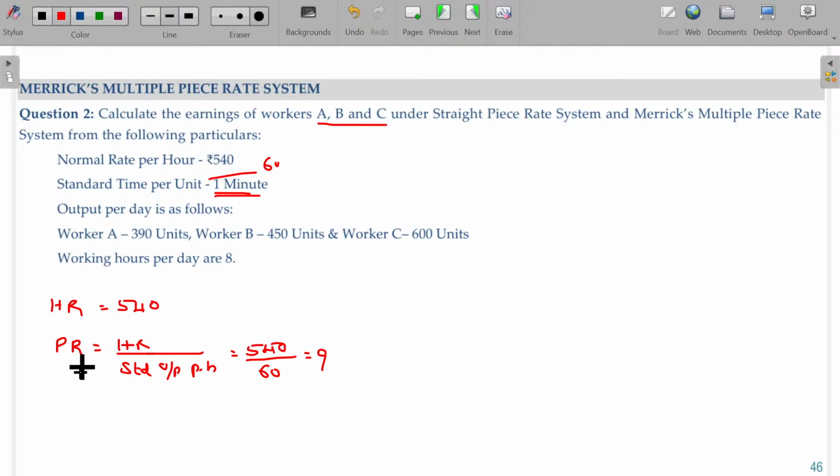Now here worker A, B, C. What about the output? 390, 450, 600. Okay, what about the performance rating?